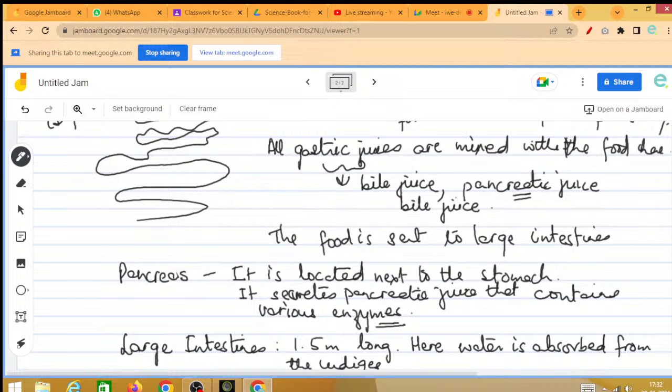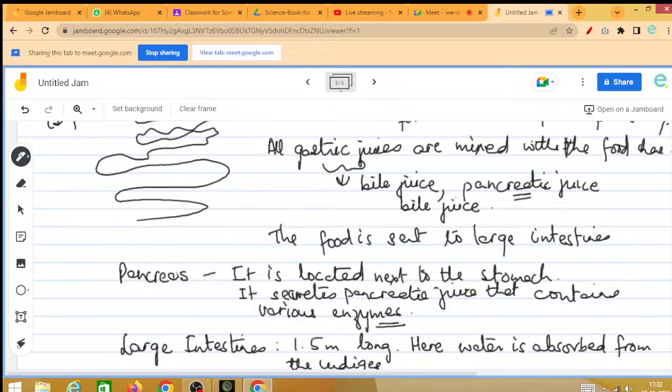The remaining undigested food is thrown out through the anus, A-N-U-S, anus.